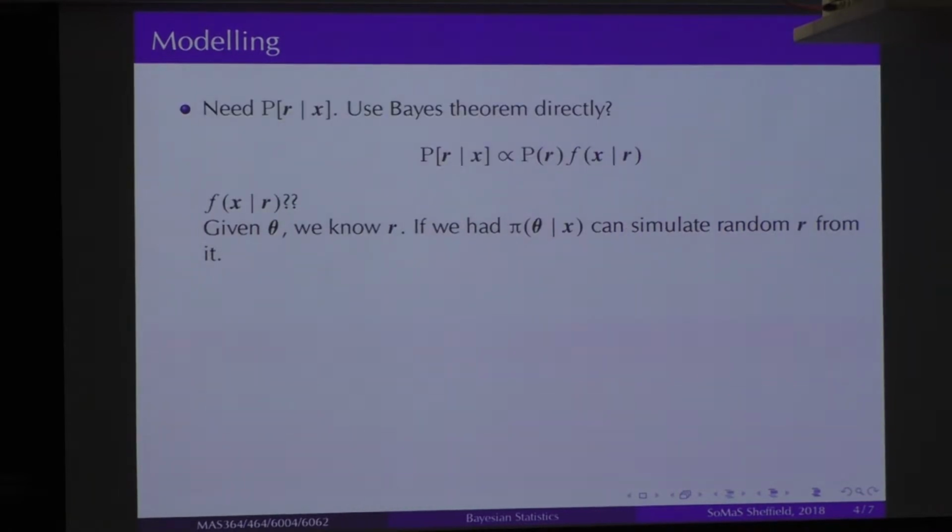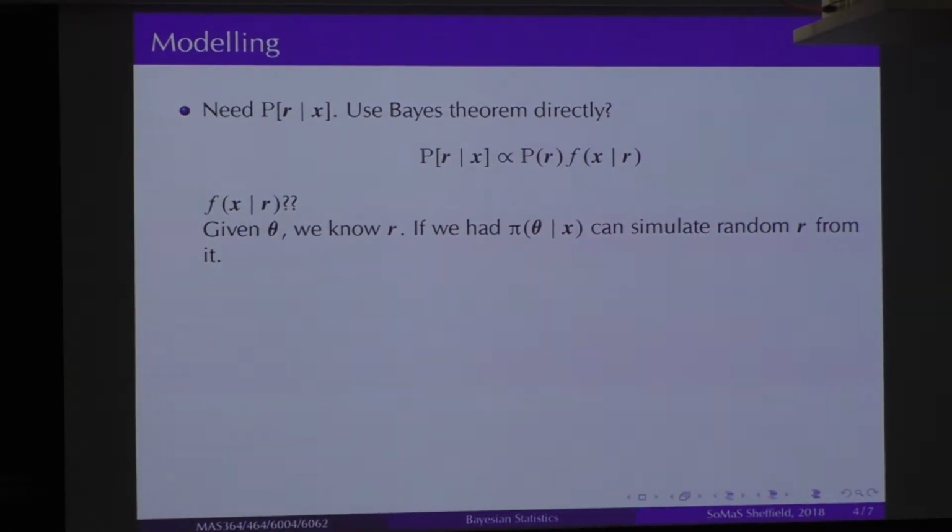So if we want to really make inference about these, we need to find the posterior distribution of the rankings based on the data. Okay? If we want to use Bayes' theorem directly on these, we need a likelihood based on the rankings, and then we need a prior on the rankings. The prior on the rankings probably is not too difficult.